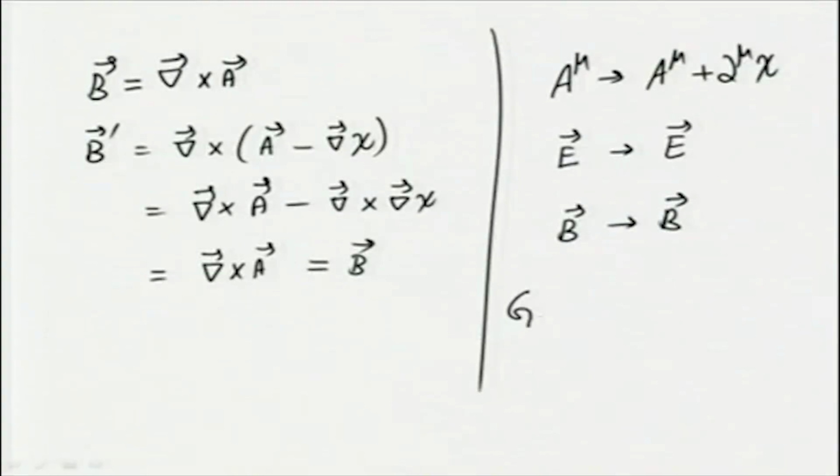But this particular freedom or arbitrariness in the potential is very important in particle dynamics. We call this the gauge transformation. This particular way of changing A mu to a new A mu is called gauge transformation.